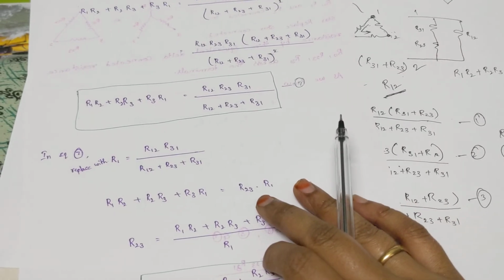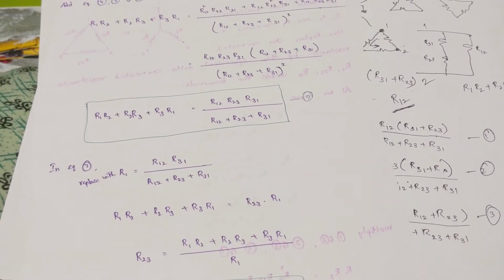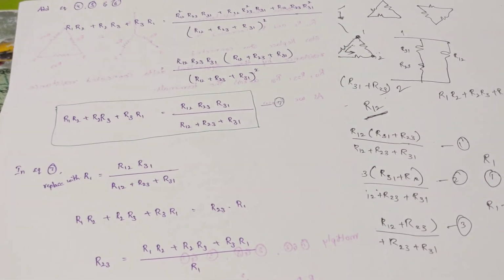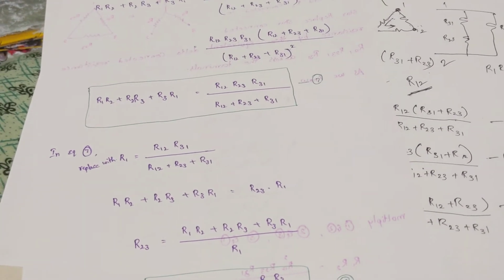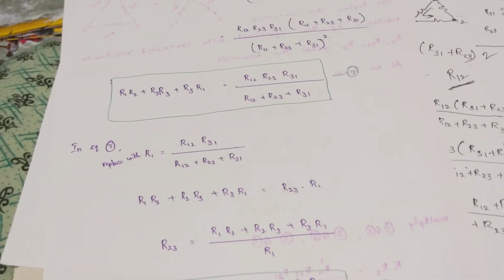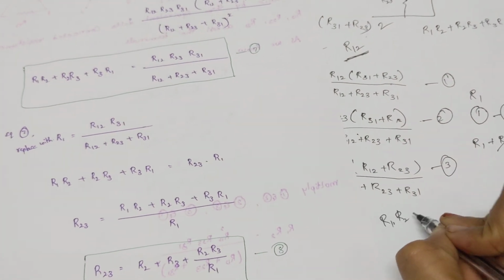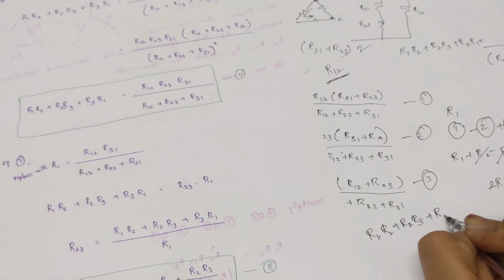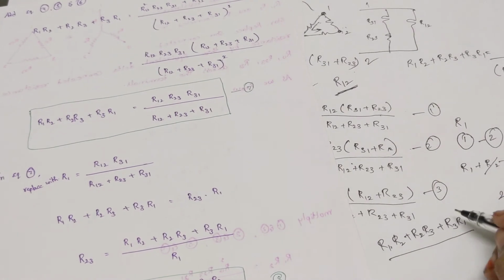So right now R23 equals the sum of the product of individual resistors, and its summation, divided by the opposite resistance. The entire combination R1 R2 plus R2 R3 plus R3 R1 will be common for each and every resistor.